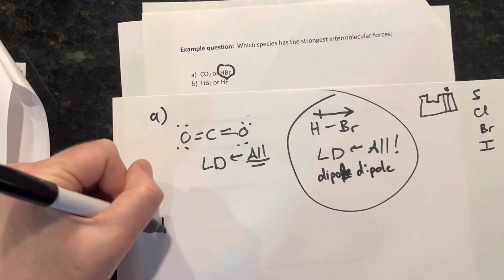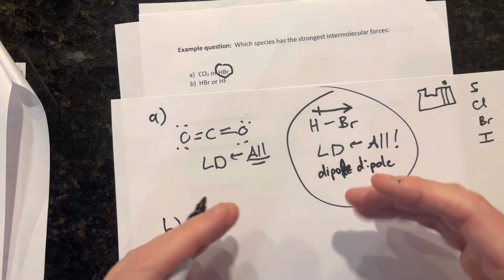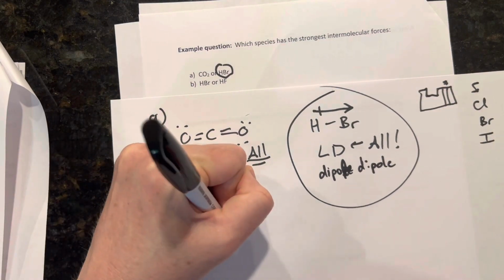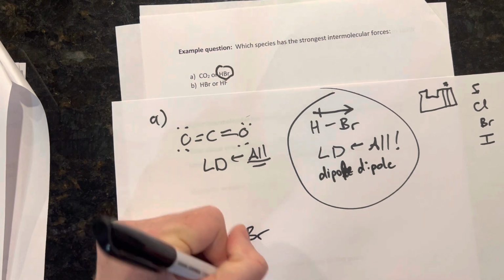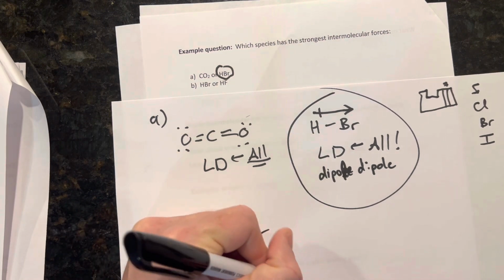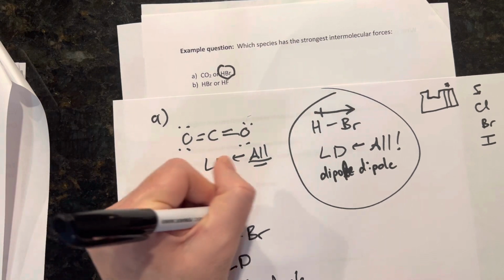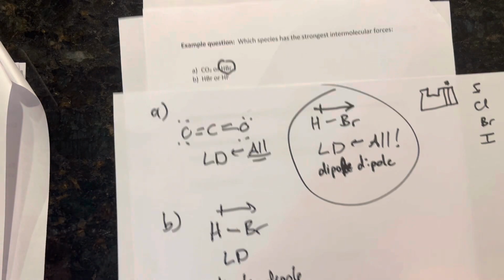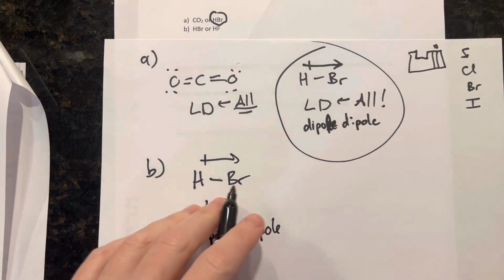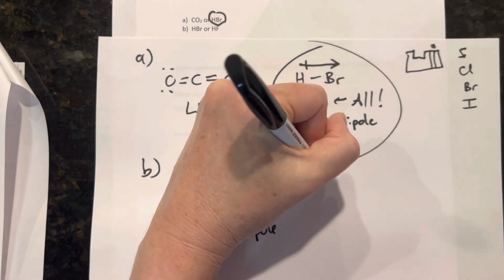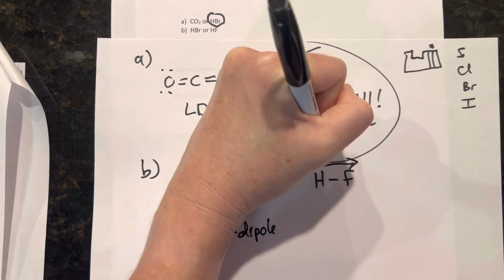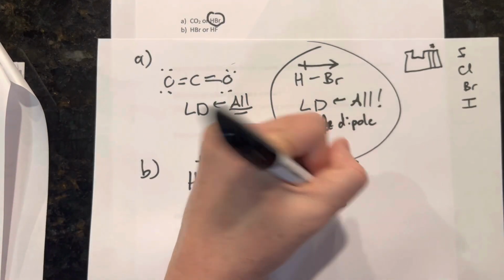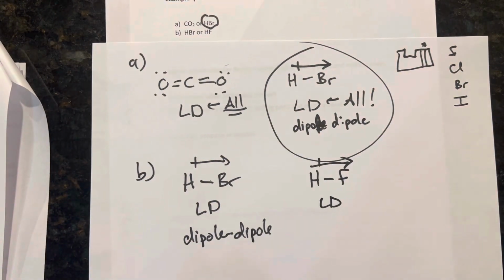Let's look at B, where it says, now compare HBr, which we know again. We know it's got London dispersion. We know it's got dipole-dipole, because it's got that electronegativity right there. But the other option is HF. So HF, which has this pole right there, it's got London dispersion because all have it. I will ask it as a test question, I promise you, at some point.